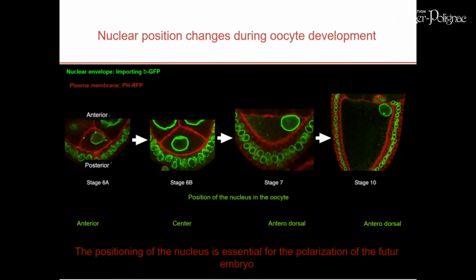During oogenesis, as the oocyte grows, the positioning of the nucleus evolves. It is first located in the vicinity of the anterior, then centrally located, then there is the effective migration of the nucleus, and then the nucleus is maintained at that position until the end of oogenesis. It's important to mention that the positioning of the nucleus is essential for the polarization of the future embryo.